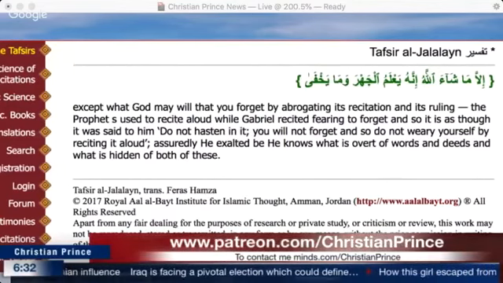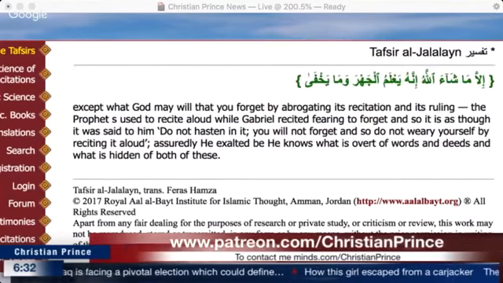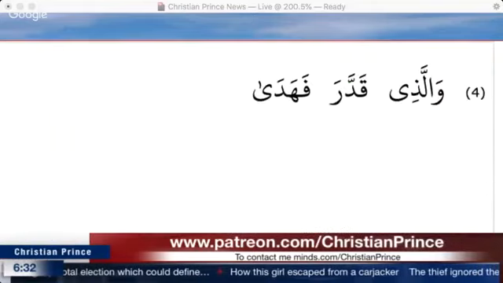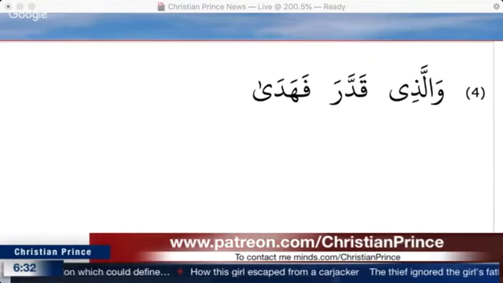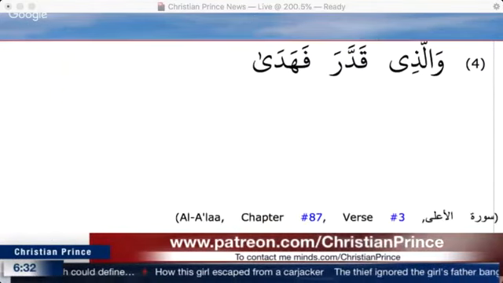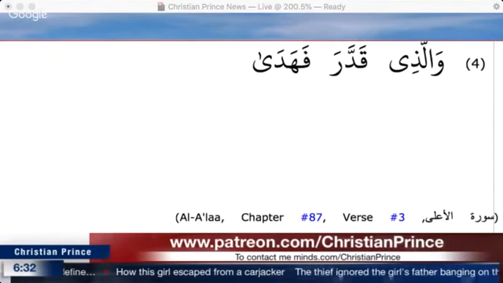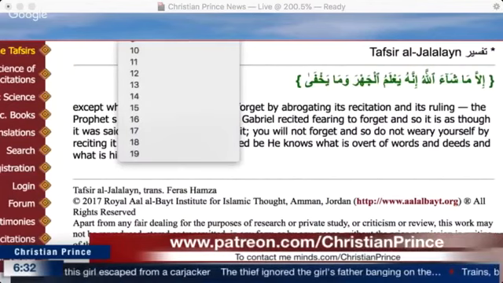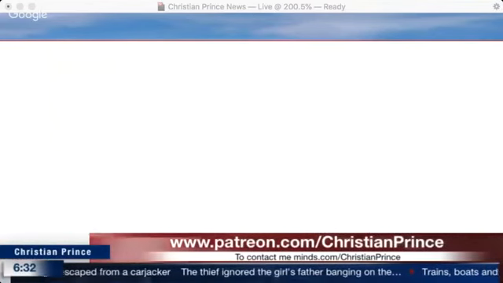Like if you go to chapter 87, verse number 7, it says, "Except what Allah wants." I mean, at the end of the day, it's what Allah wants. In that verse I gave you, it says clearly that except what He decrees and He guides after that. He guides those who He decided to guide, and so it is His decision, not your choice.